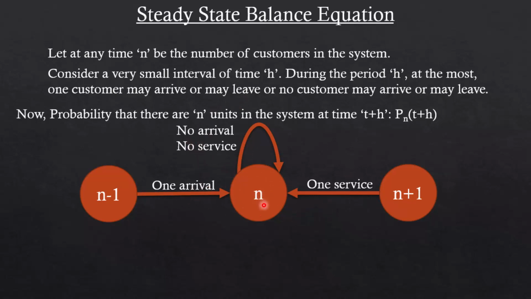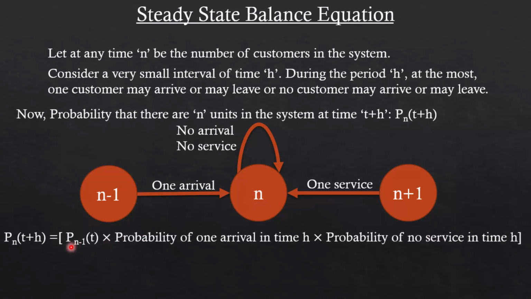Now let us see how we can write the equation for this. So the probability of n customers in time t plus h can be given by, let us consider the first scenario where we have n minus 1 customers at time t. So here we have n minus 1 customers at time t, and in a small interval of time we have the probability of one arrival and the probability of no service.